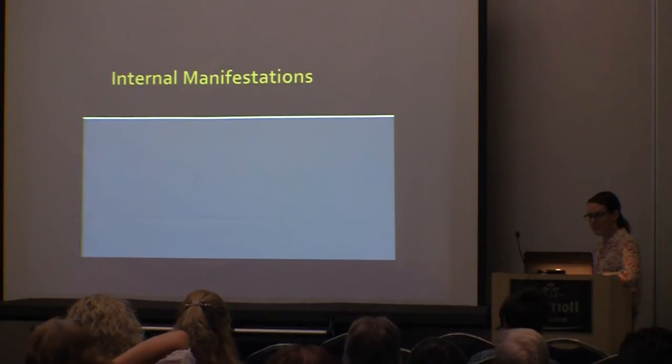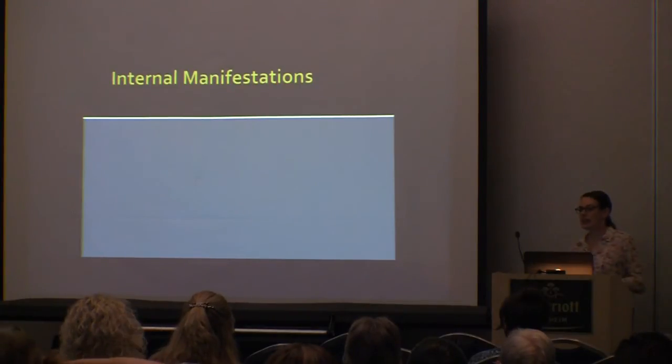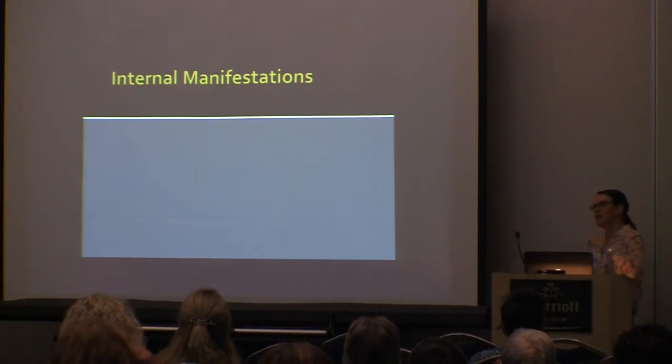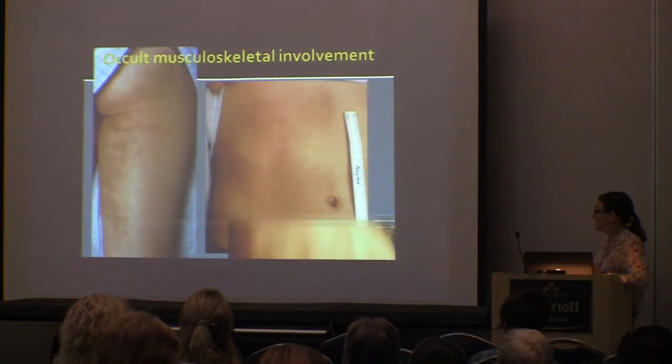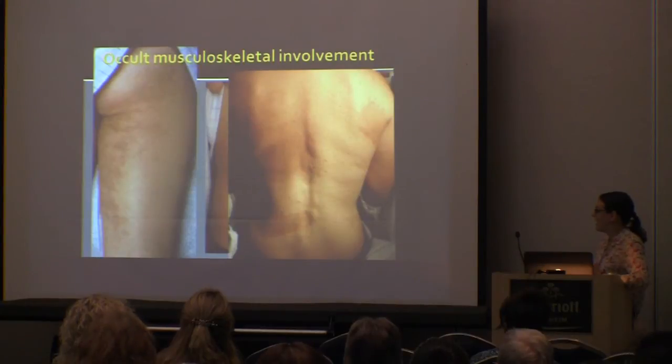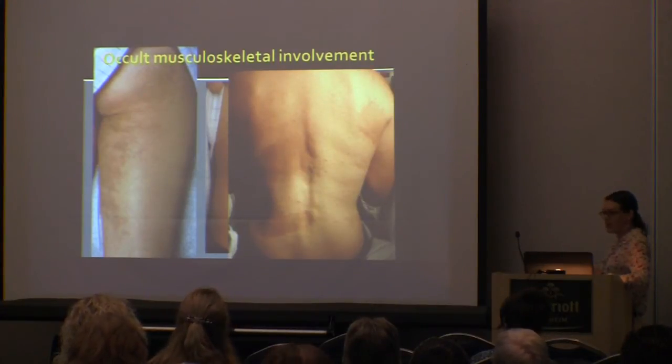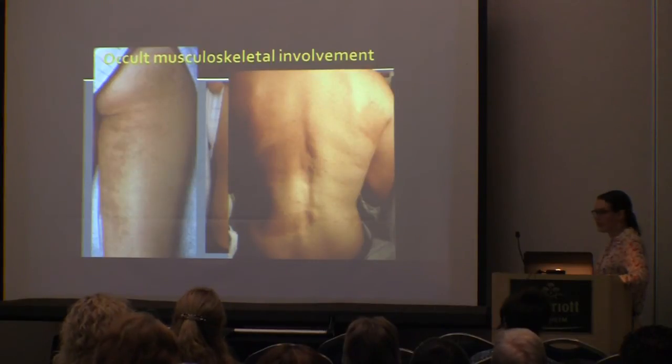So, internal manifestations. We talked about scleroderma: the GI system, the bowels, the heart, the lungs, the kidneys. So this is very different. One that has recently come to light, and this is a patient that I have followed, is actually involvement of the muscle underlying the lesion.